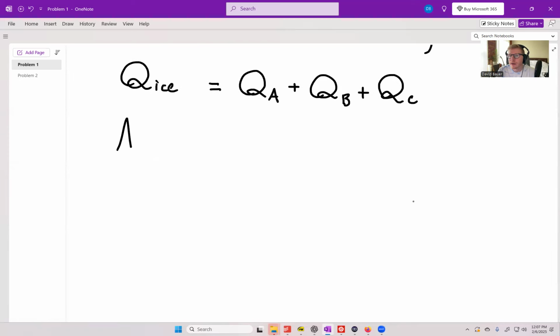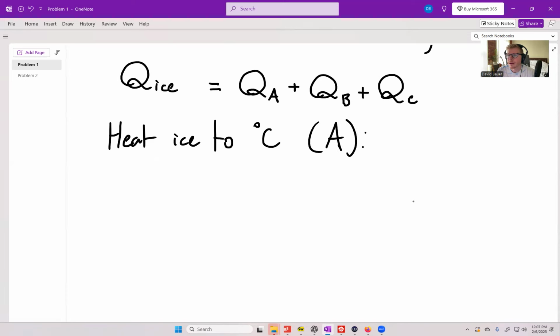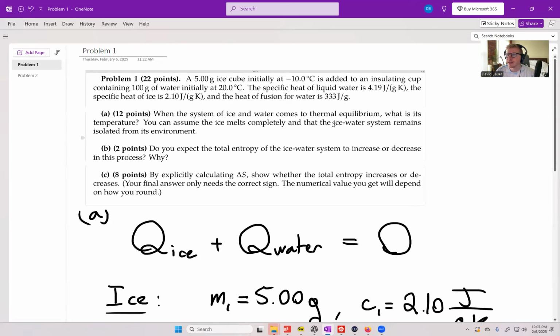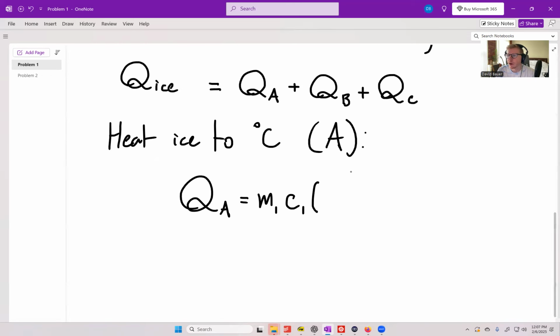So for A, we just have the mass of the ice, the specific heat of the ice, and then we're going from negative 10 Celsius up to 0, right?